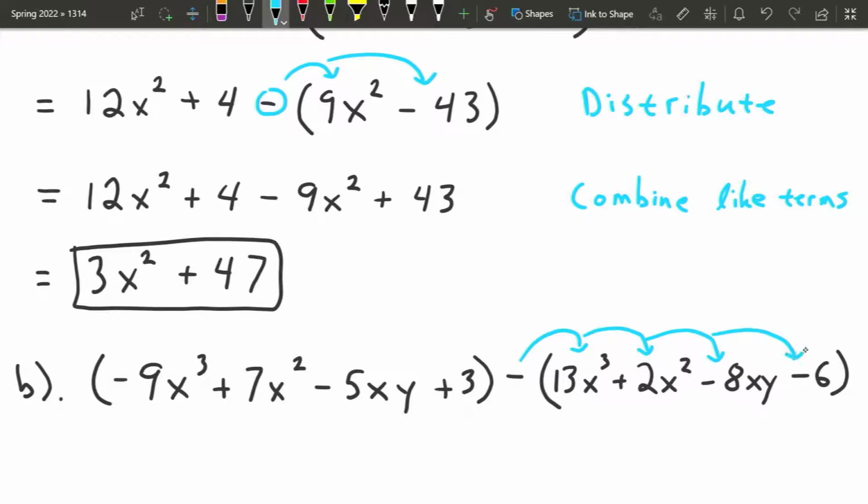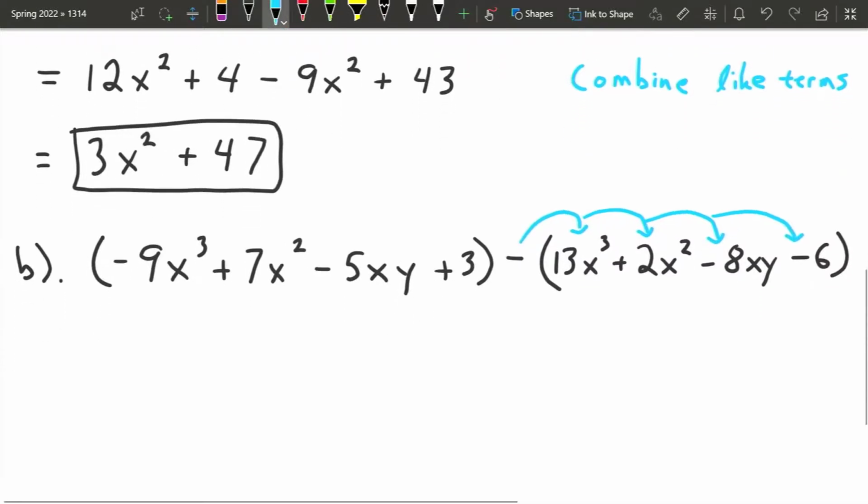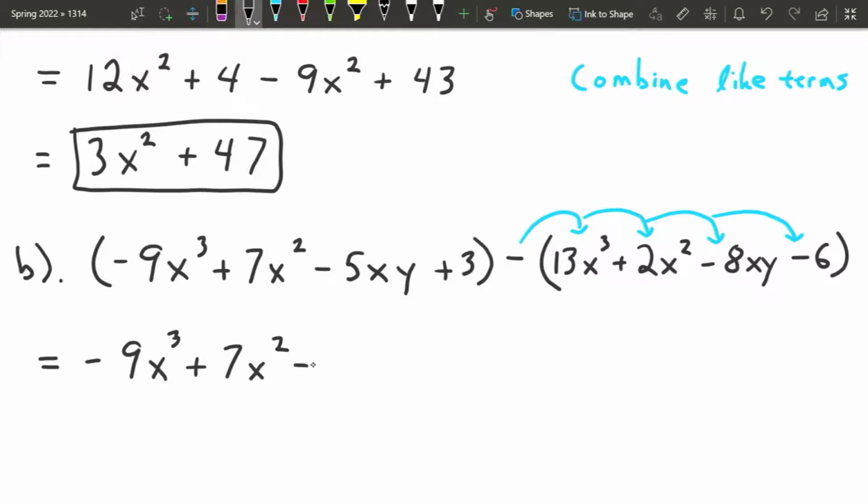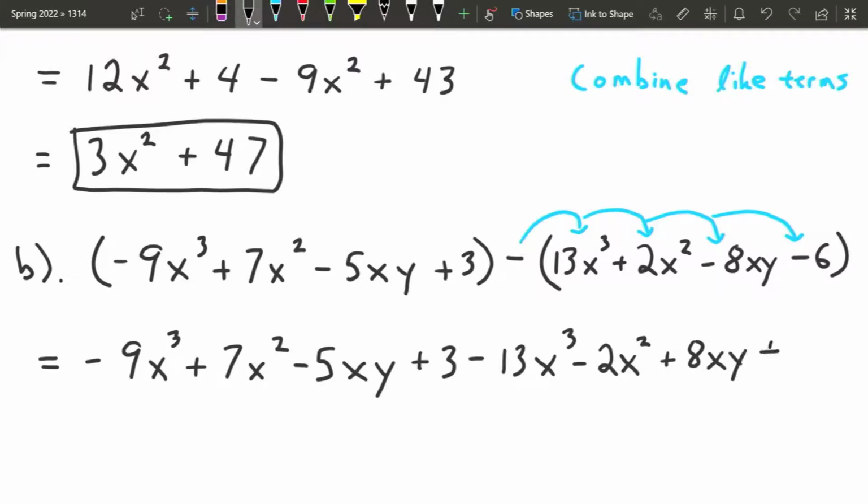There's nothing to combine at the moment inside each parentheses, so let me drop the parentheses in front of the first set of terms. And then after distributing the negative, it'll be negative 13x cubed minus 2x squared. Minus minus makes it positive 8xy, positive 6.